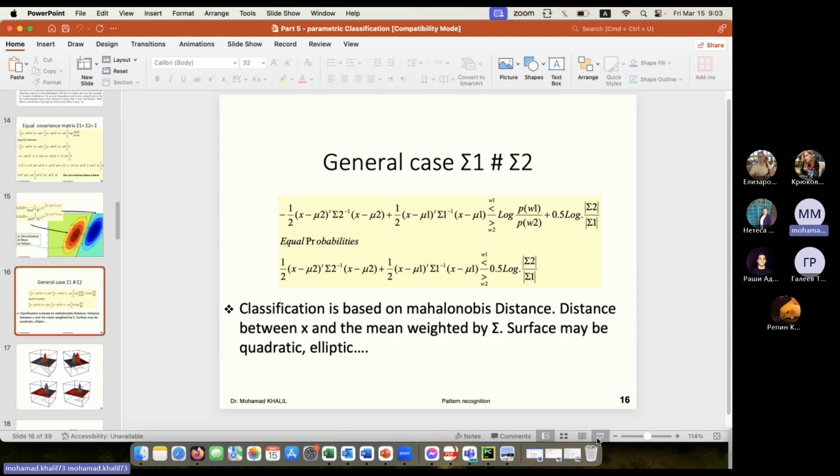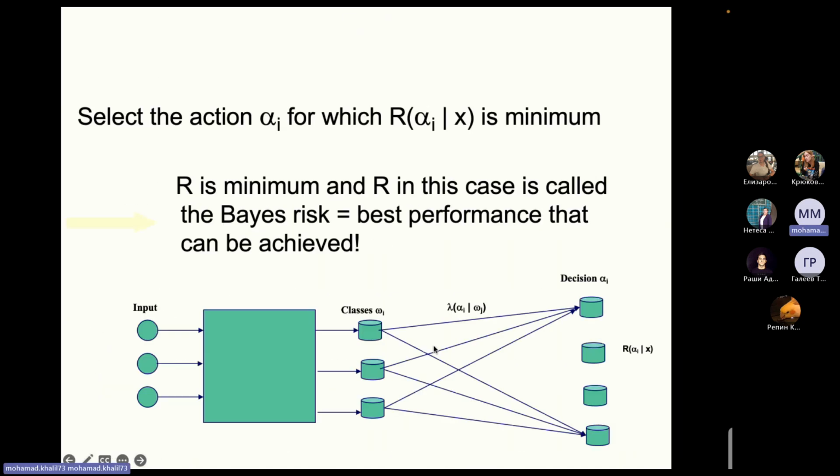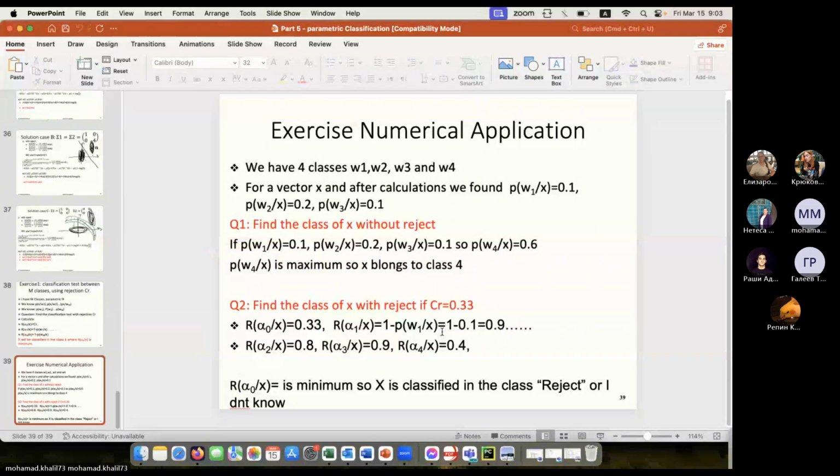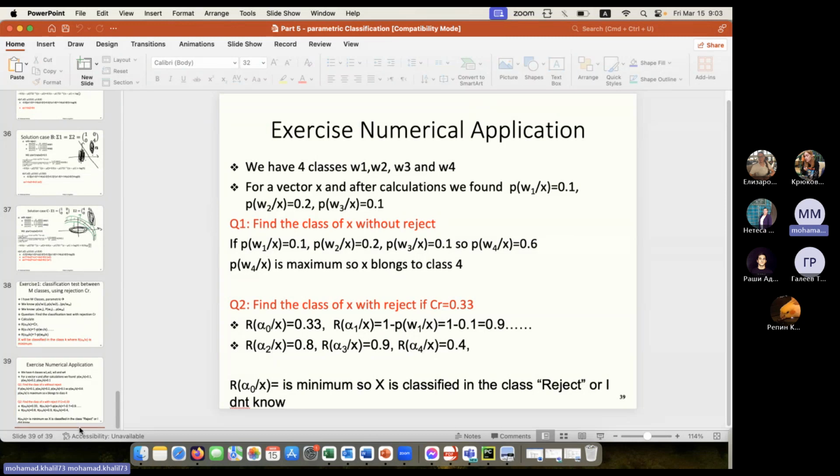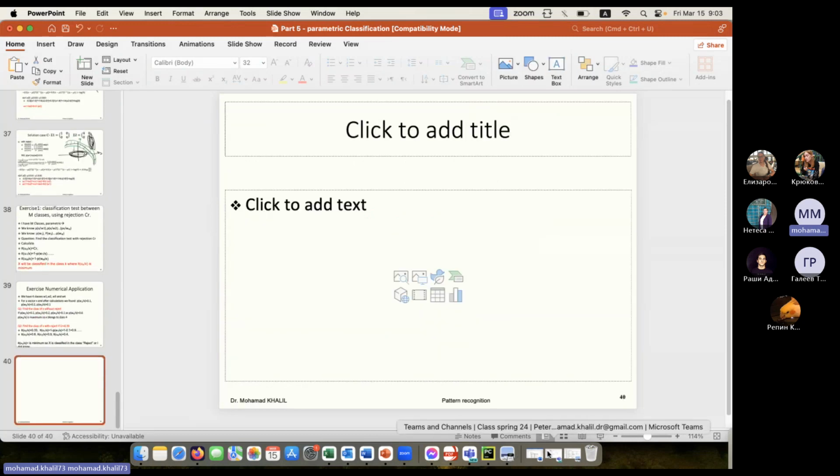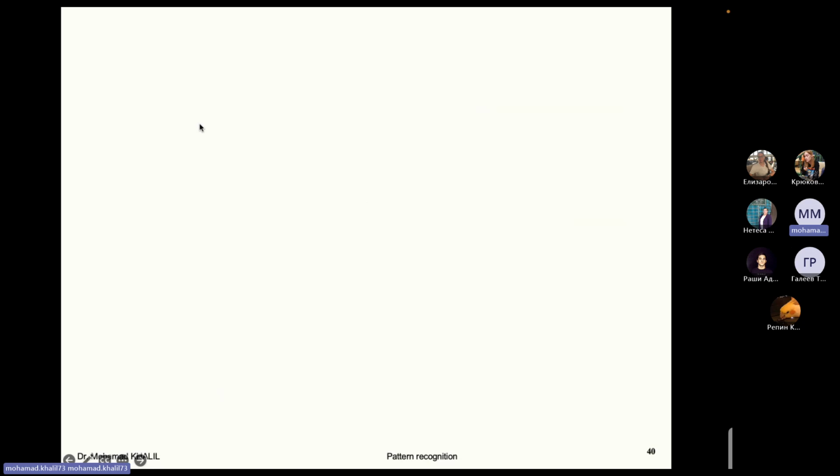In practice, I will add a new slide because I will keep the explanation. Look, in practice, someone gives you x, which is x1, x2.